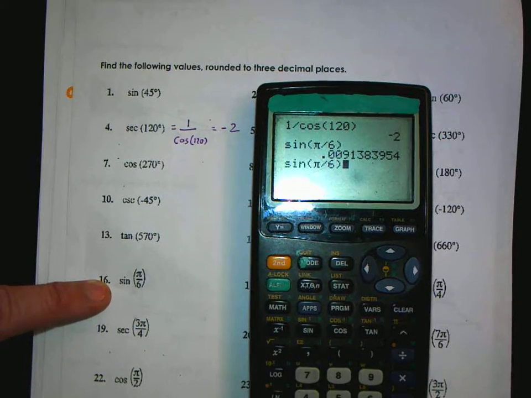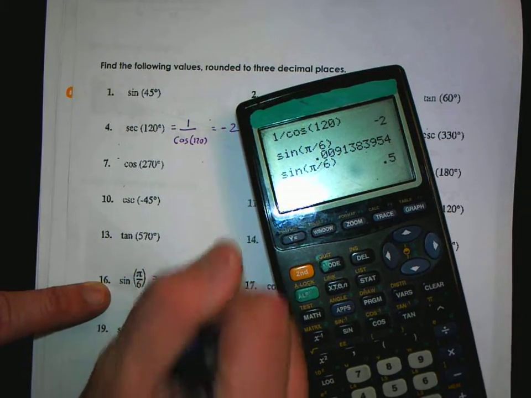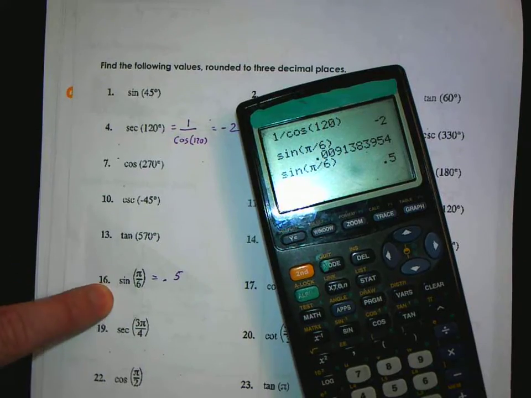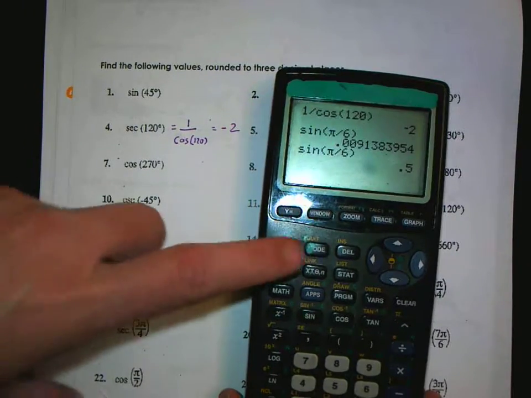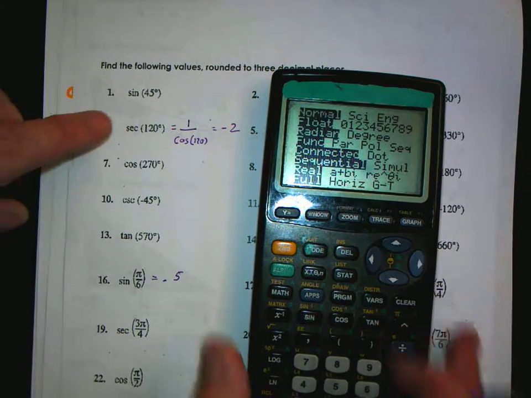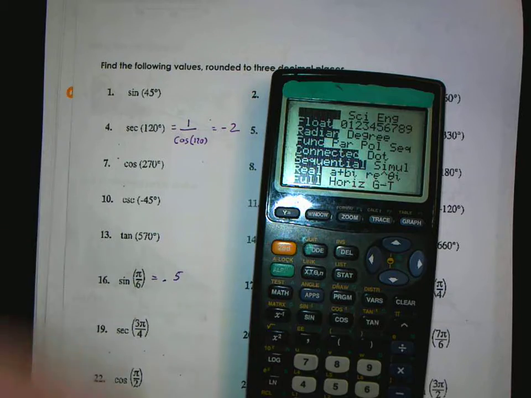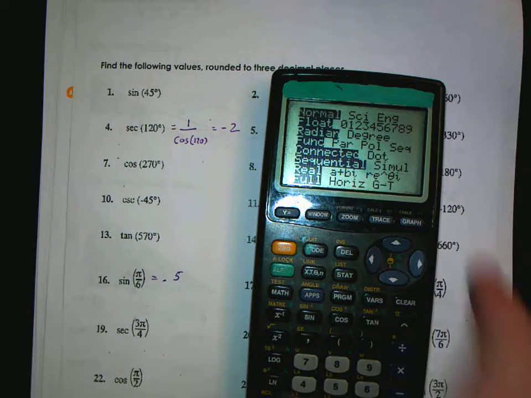And then type it in. And I get 0.5. So when you're dealing with pi's, make sure you change your mode to radians. Does that make sense? And if you're talking about the inverse, just type in 1 over that. And I'm pretty sure they have the cosecant and stuff in here somewhere. I just don't remember where.